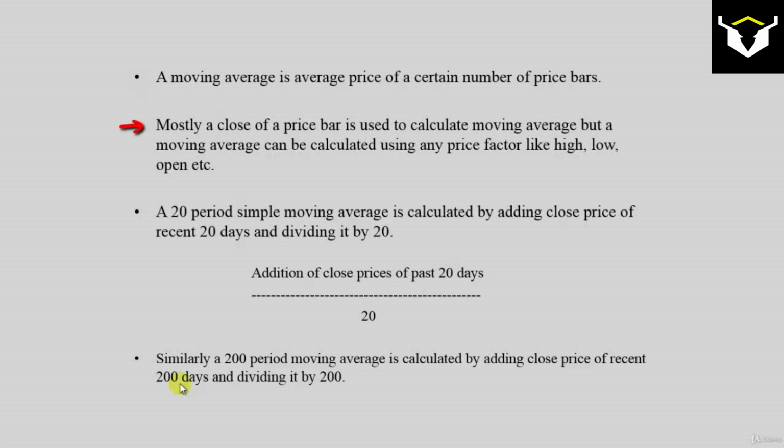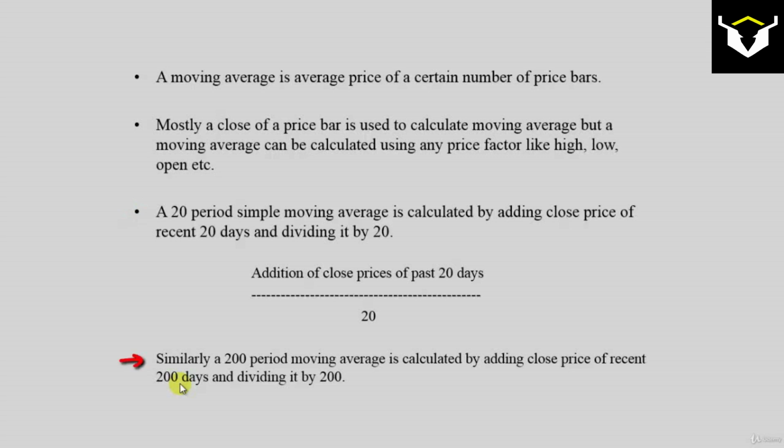Mostly the close of a price bar is used to calculate a moving average, but a moving average can be calculated using any price factor like high, low, close, etc. A 20-period simple moving average is calculated by adding the close prices of the recent 20 bars and dividing by 20.